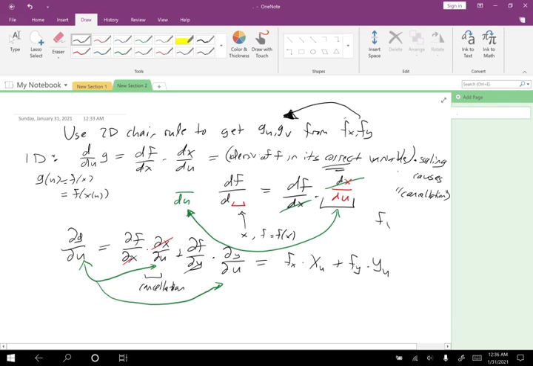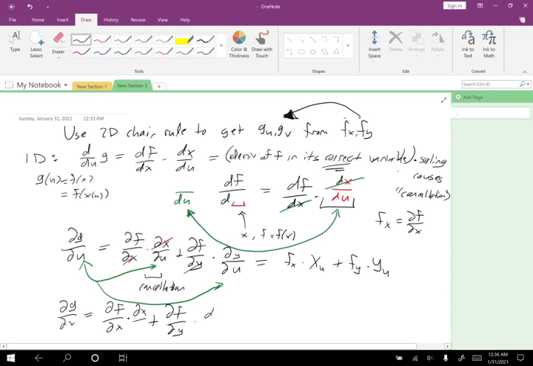I'm again using lazy notation, because when you write this stuff over and over again, it gets kind of time consuming. So let's just write out what dg dv is. I will again write out df dx and df dy. And I will put my scaling factors of dx, well, let's just come back to that.